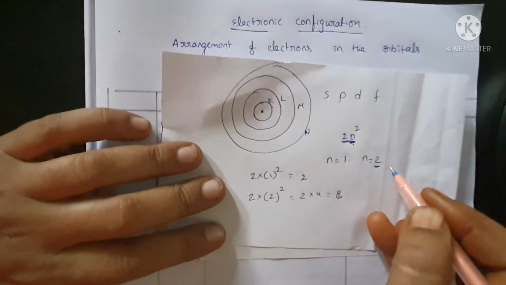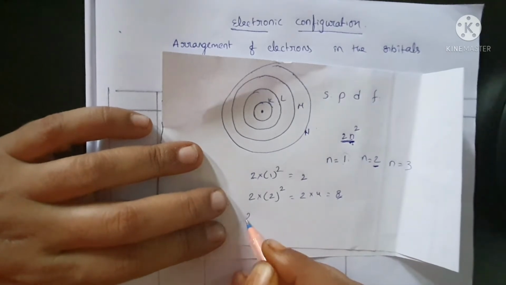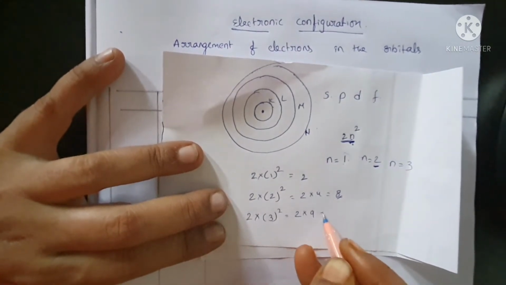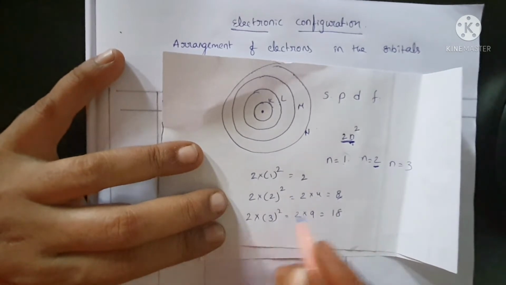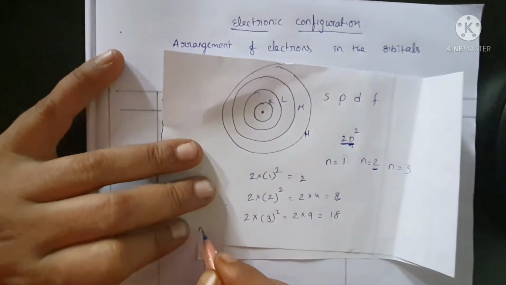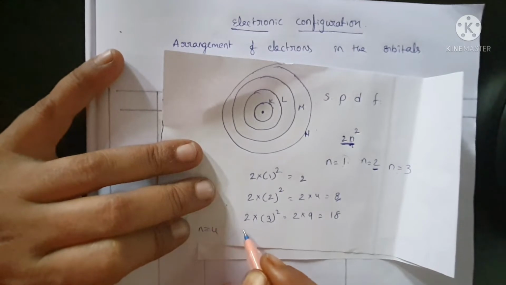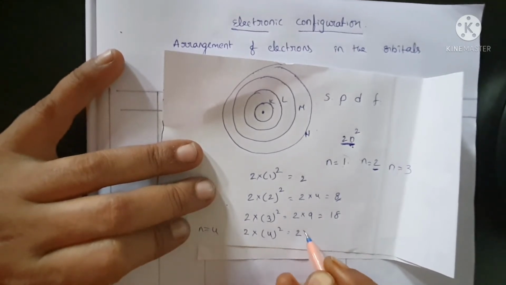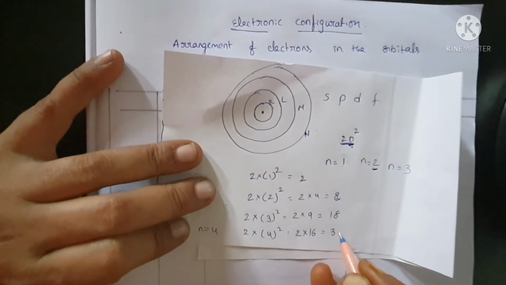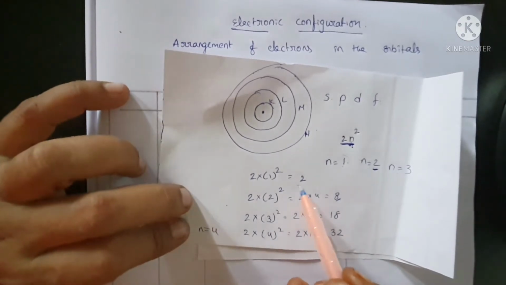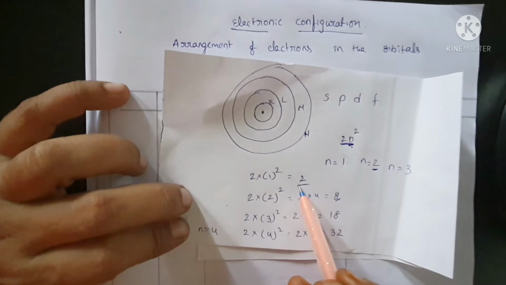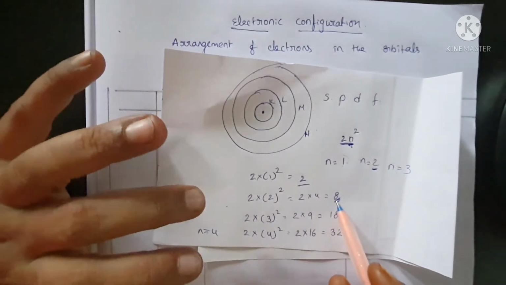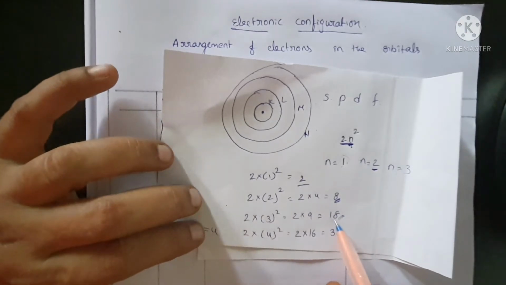If n equals 3, 2 into 3 square, that is 2 into 9, which is 18. If n equals 4, 2 into 4 square, that is 2 into 16, which is 32. So in the first shell there are 2 electrons, in the second shell 8, in the third shell 18, and in the fourth shell 32.